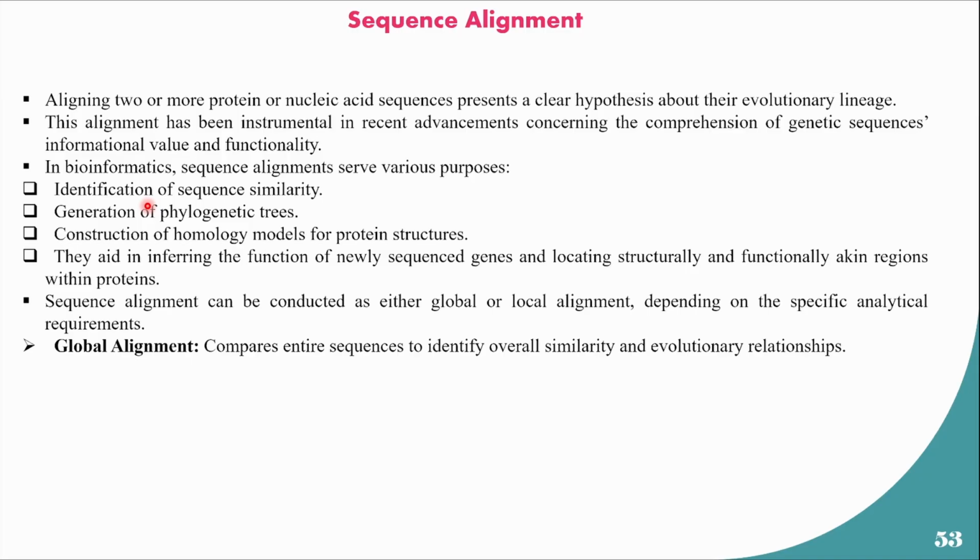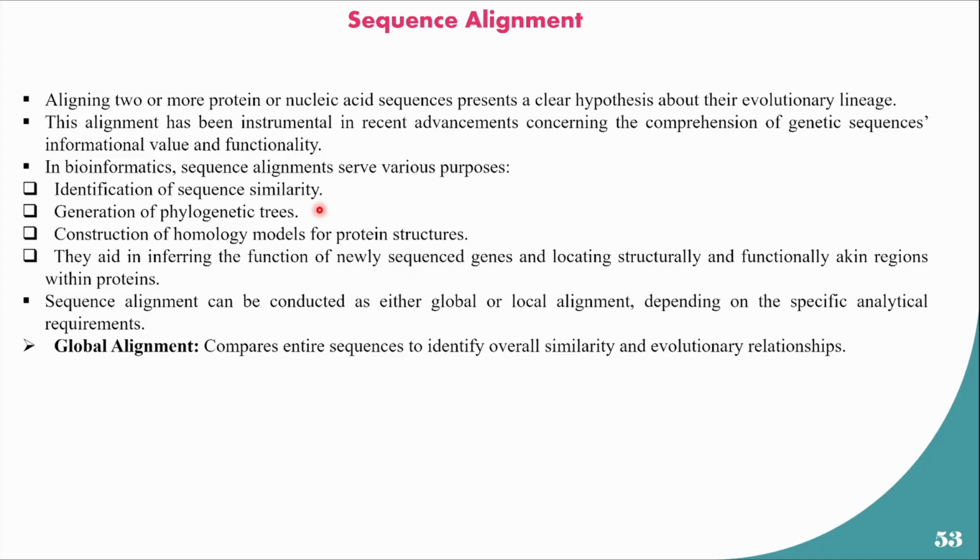So if you have some unknown sequence that you have gotten from your lab and you are aligning that with the already available highly annotated set of sequences, and you get a good match, that your new sequence is very highly similar to another one, then you can say, okay, this other one had a function that was defined for this particular protein or nucleic acid, and now you are getting this new nucleic acid or protein that is highly matching with that. So you can probably infer that it could do a very similar set of functions to those previously annotated ones, right? So from that sequence similarity, you can get different information.